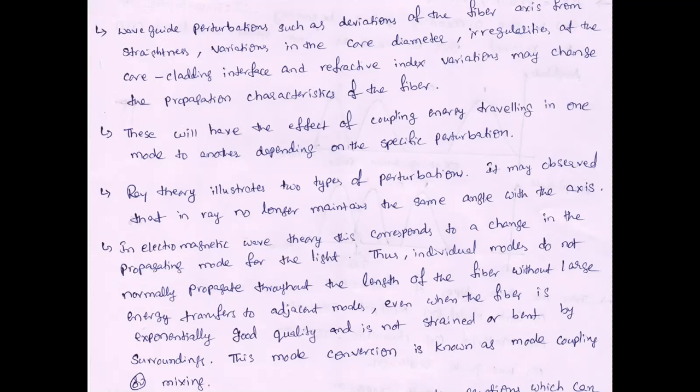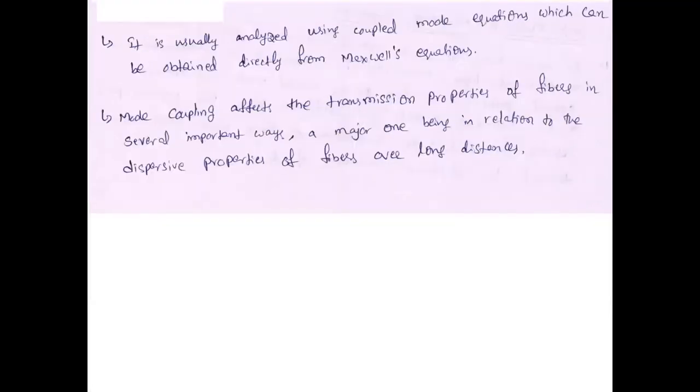This mode conversion is mode coupling or mode mixing. That is, if you take a good optical fiber cable but we still get some deviations, this is a phase change. At that time, it is called mode mixing or mode coupling.